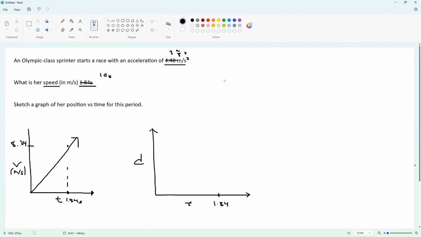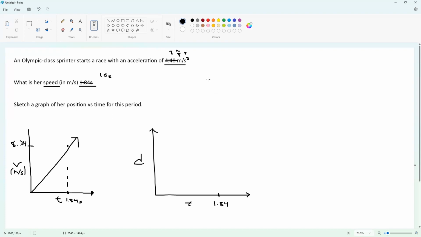Wait, x equals. Hold up. I don't know how to type that out. You're okay. You just need to describe it to me. You don't need to type it out.